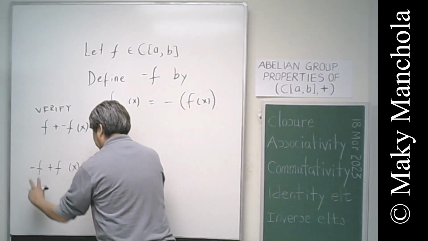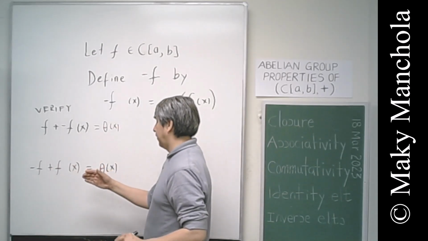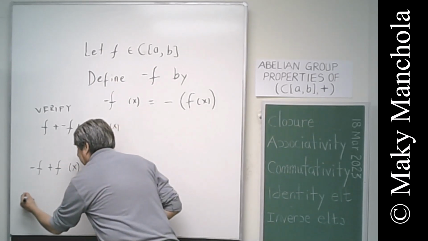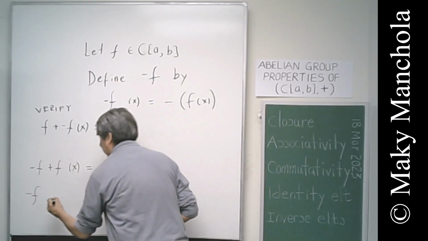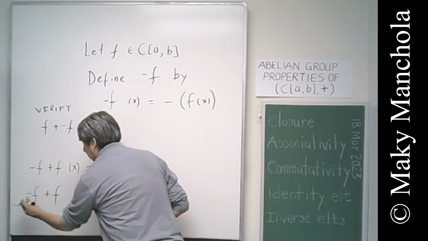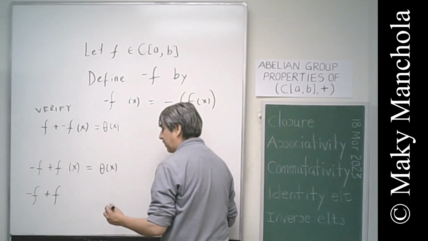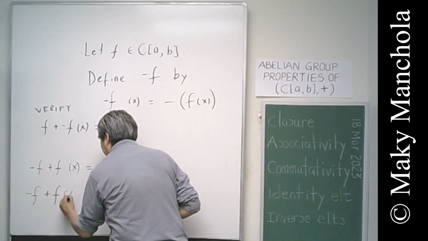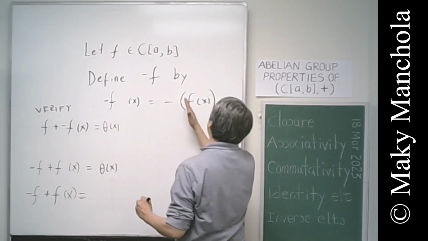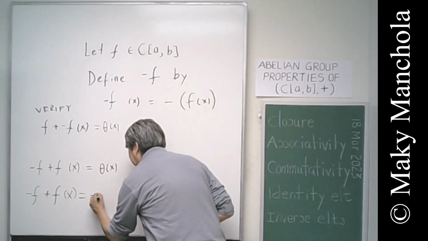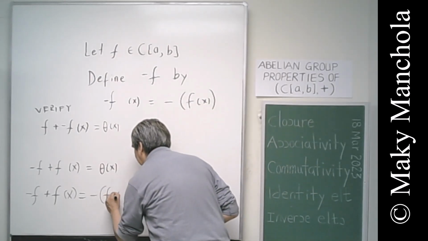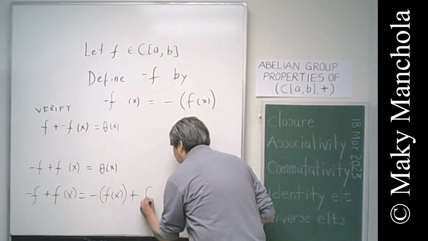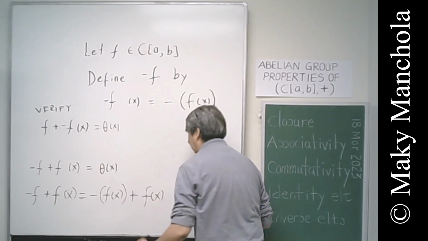So what is the meaning of negative f plus f? It means that negative f plus f evaluated at x equals the negative of the number f of x plus the number f of x.